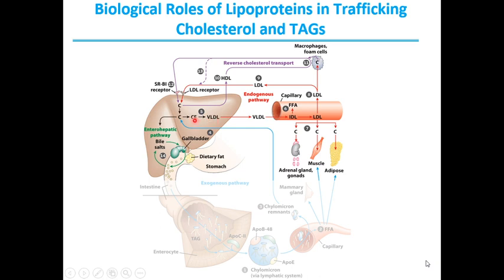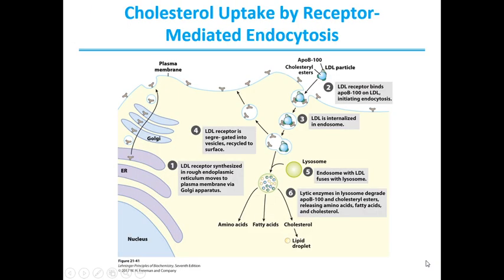Accumulation of excess intracellular cholesterol is prevented by reducing the rate of cholesterol synthesis when sufficient cholesterol is available from LDL in the blood. Cholesterol esters enter cells by receptor-mediated endocytosis. Each LDL particle in the bloodstream contains ApoB100, which is recognized by LDL receptors present in the plasma membranes of cells that need to take up cholesterol.